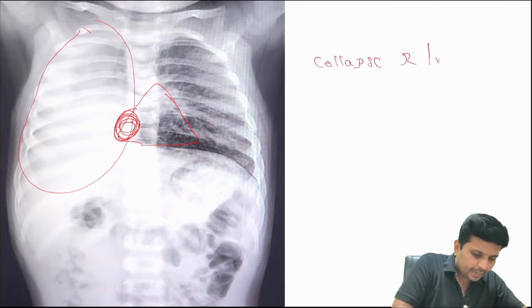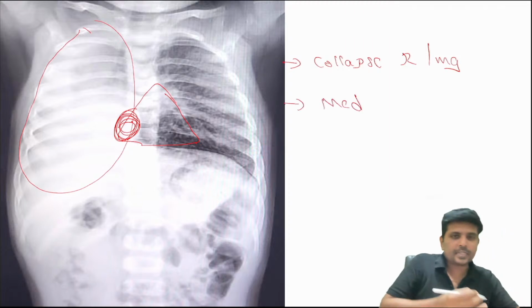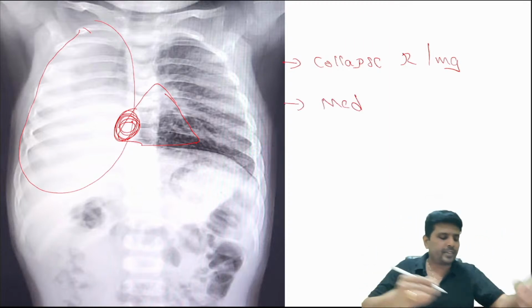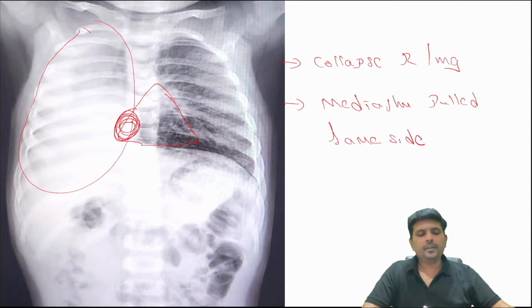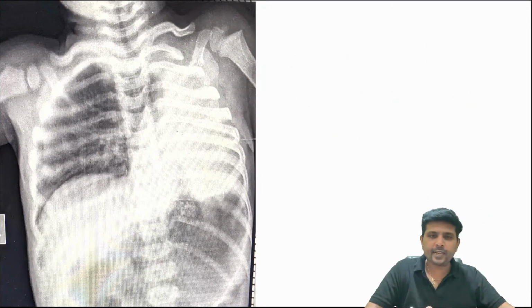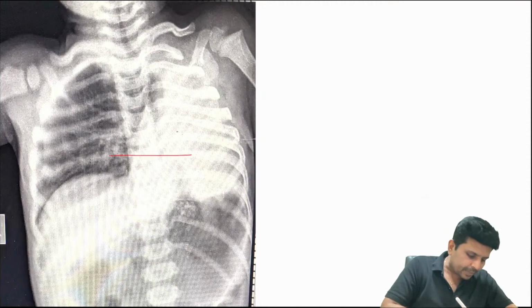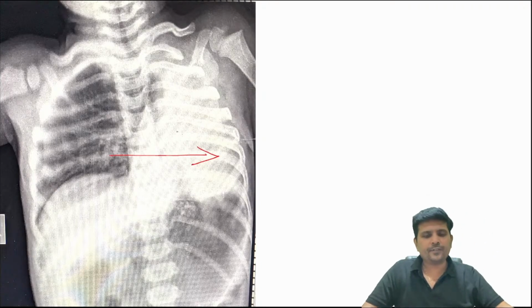Collapse right lung. Why collapse? Because the mediastinum, that is the heart, is pulled to the same side. Same side. Look at this here. Again, the mediastinum is entirely to the left side.